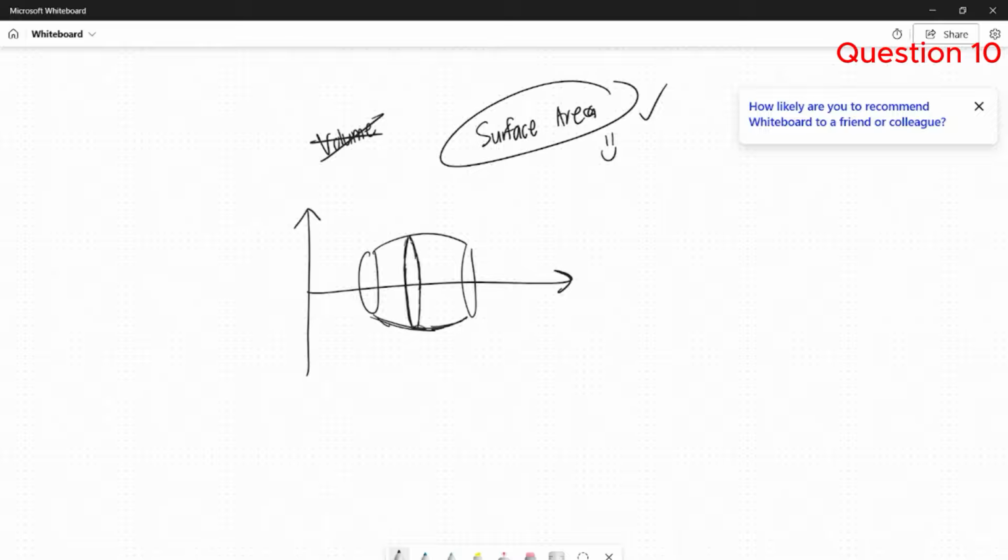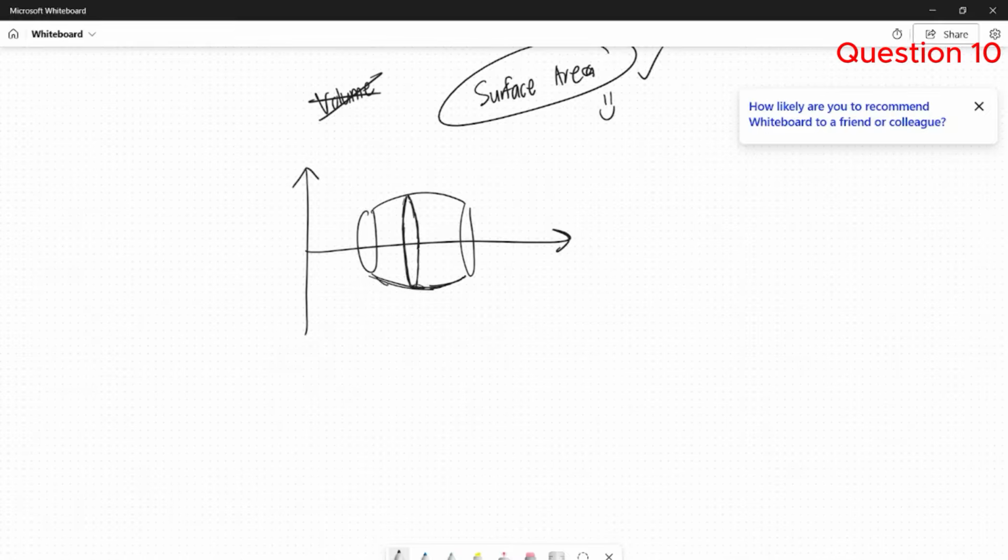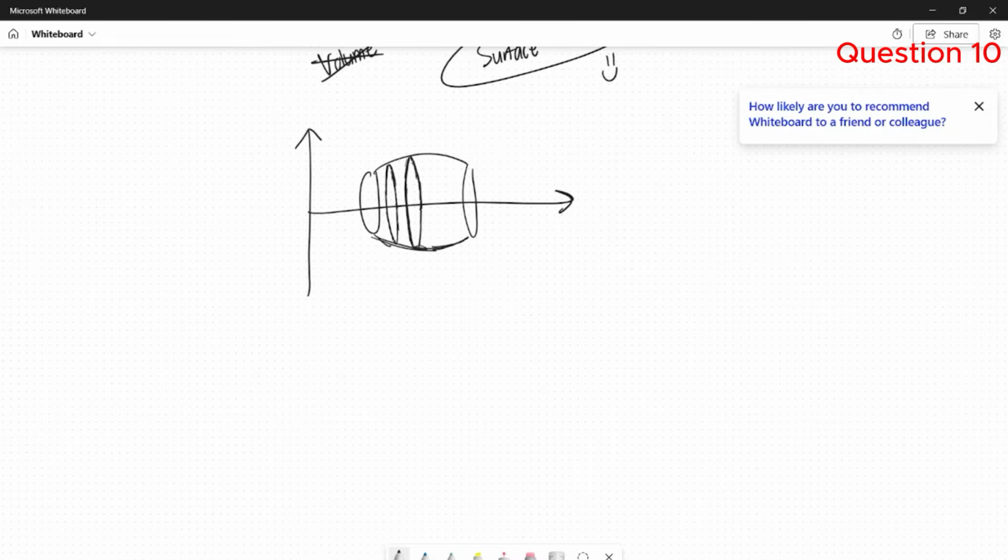So this problem requires us to consider splitting this shape up into very thin disks or very thin shells and calculating their individual surface areas and then summing all these individual surface areas together to get our final sum. So I'm going to bring this out here. This little shell surface area will maybe look something like that.